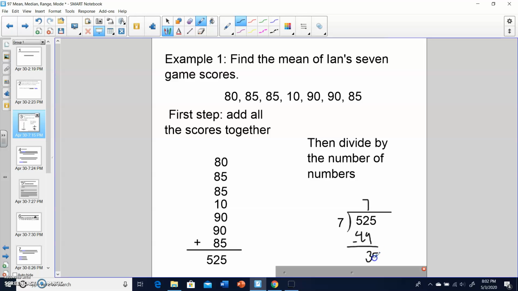And then 5 comes down. 7 into 35, I can get 5 of them. And 5 times 7 is 35. I'm running out of space, but if I subtract, I'll end up with 0. So the mean, or the average, of Ian's 7 game scores is 75. Okay, that's the mean, or the average.